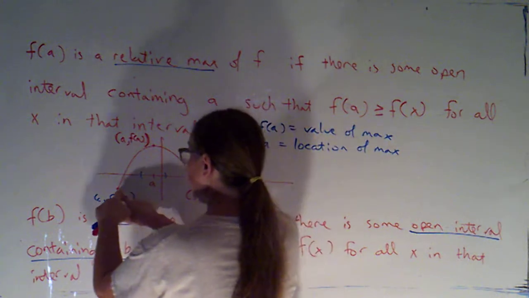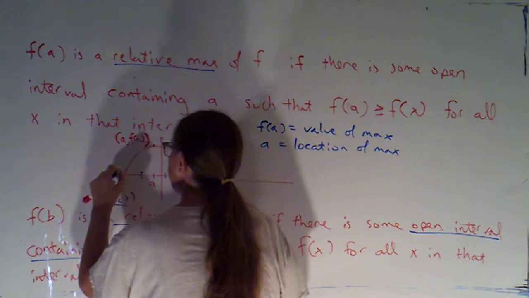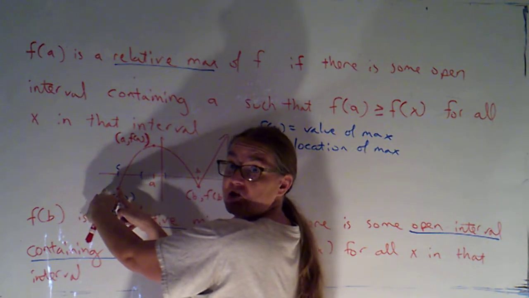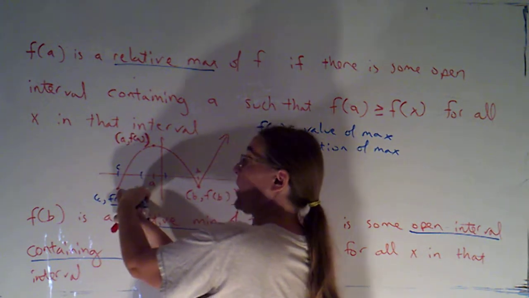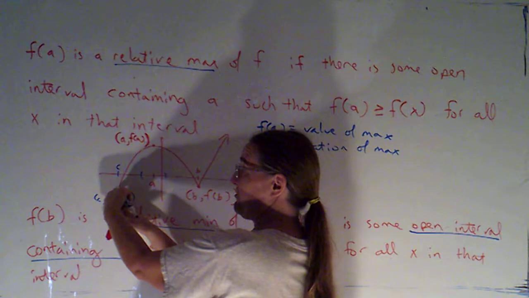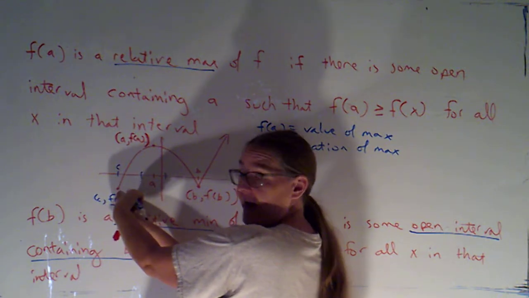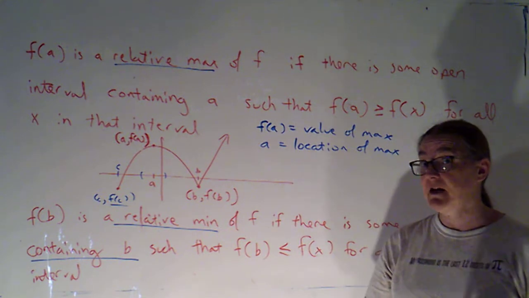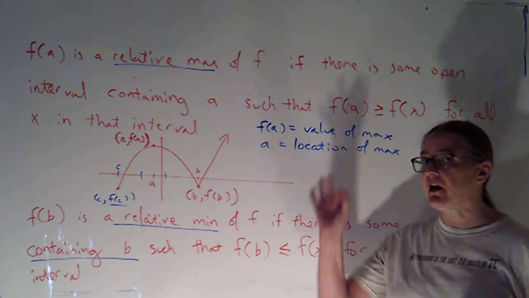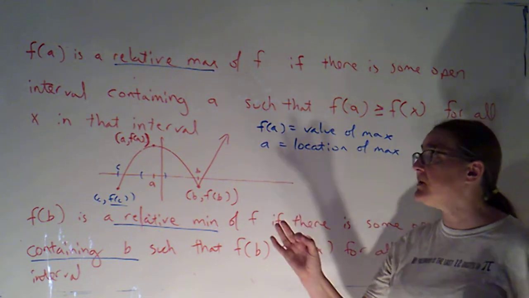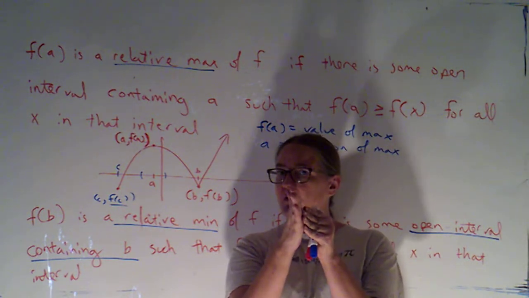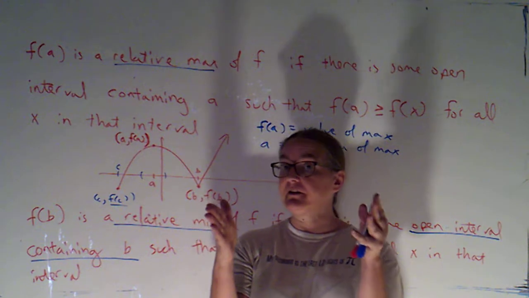Now here, if I'm at c, at this x value, and I look a little to the left, there's nothing to compare it to. I can look a little to the right, and certainly this point is lower than any point that's a little bit to the right of it, but there's nothing to compare it to if it's a little bit to the left. So part of the definition of a relative max or min is that the function has to be defined not just at that point, but a little to the left and a little to the right.